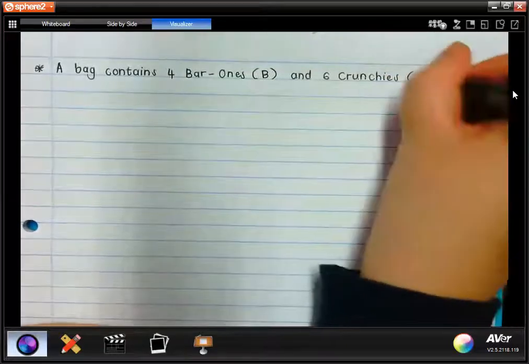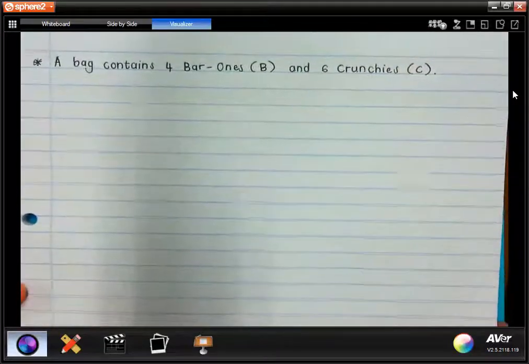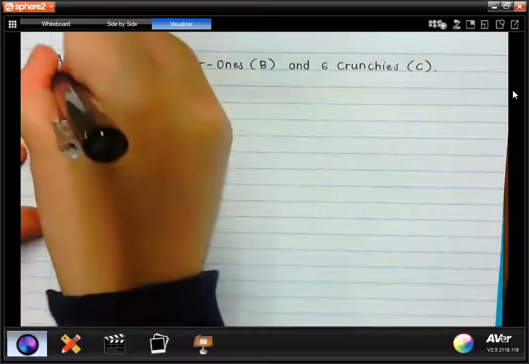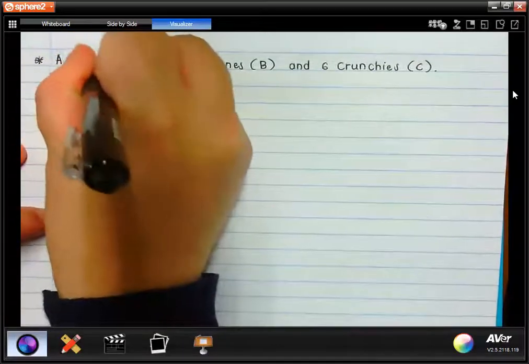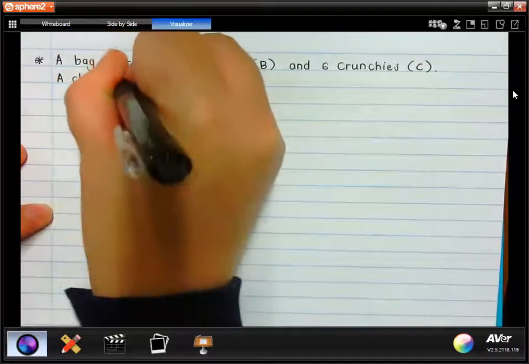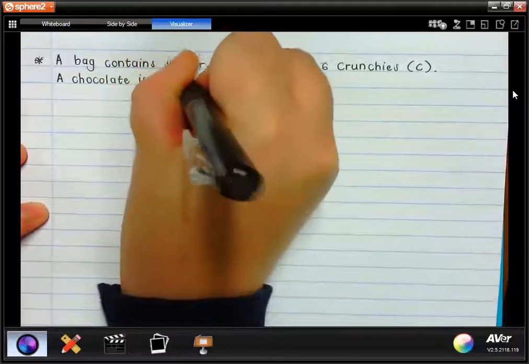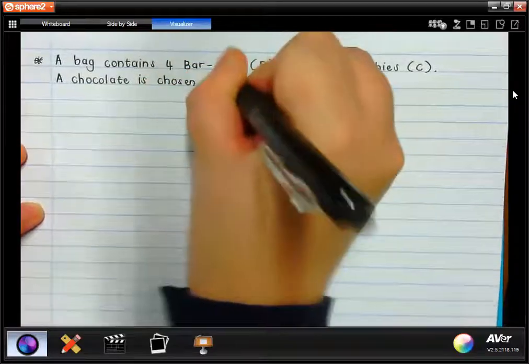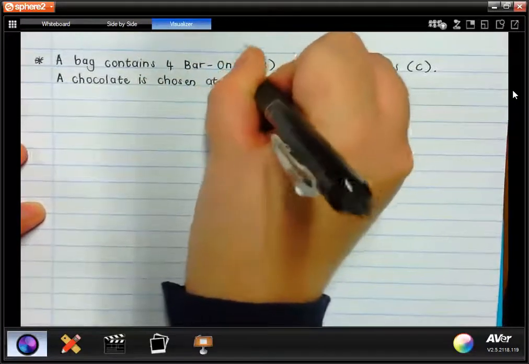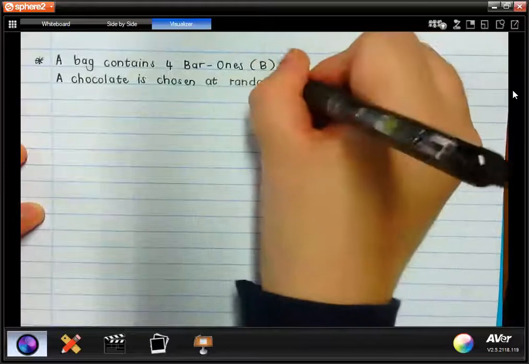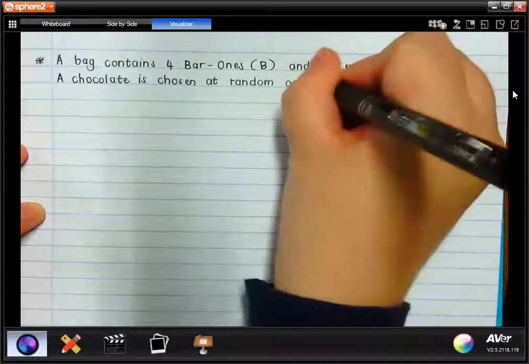Okay, and 6 crunchies, and we can just use a C for that. A chocolate is chosen at random and eaten.